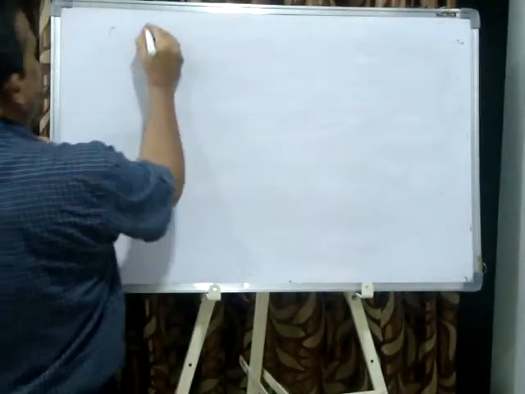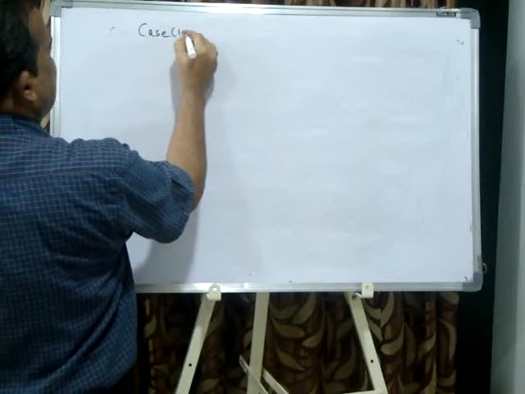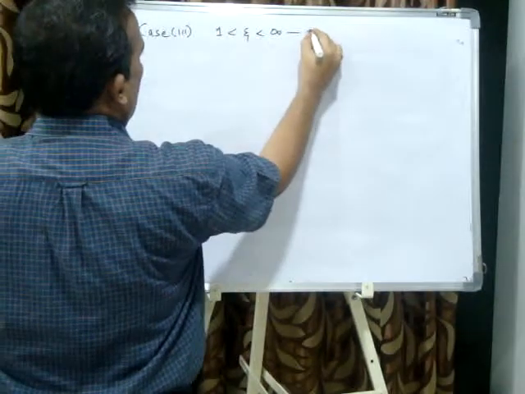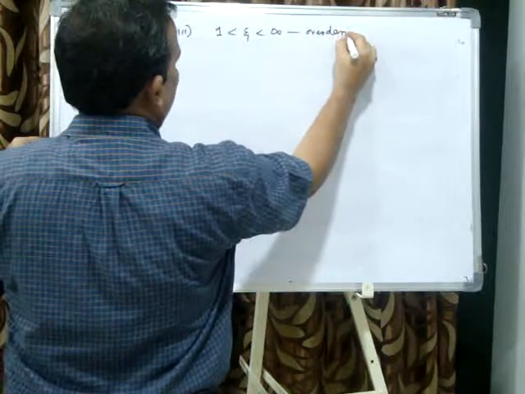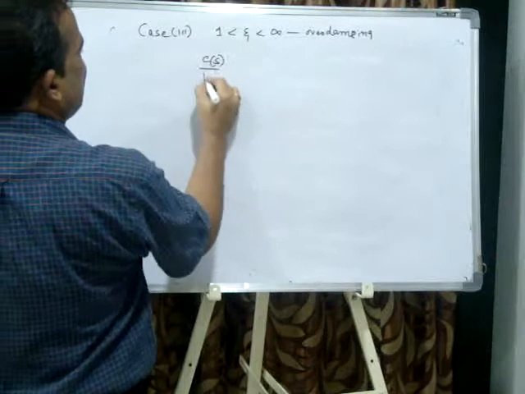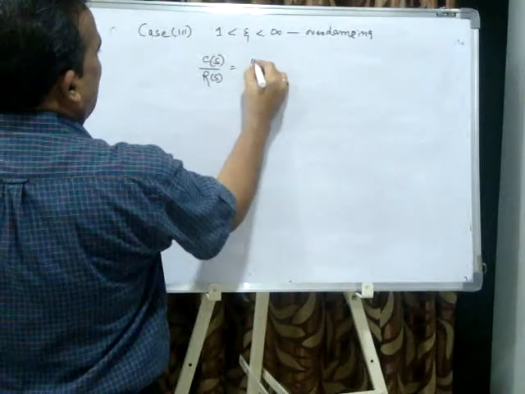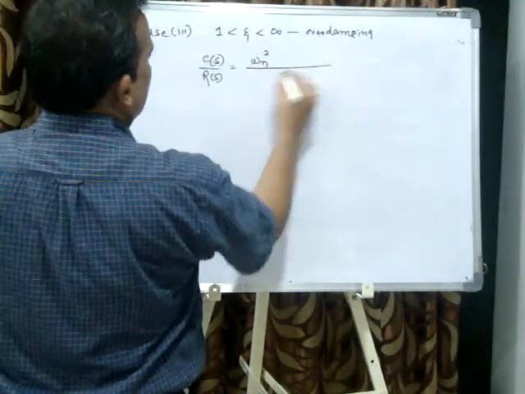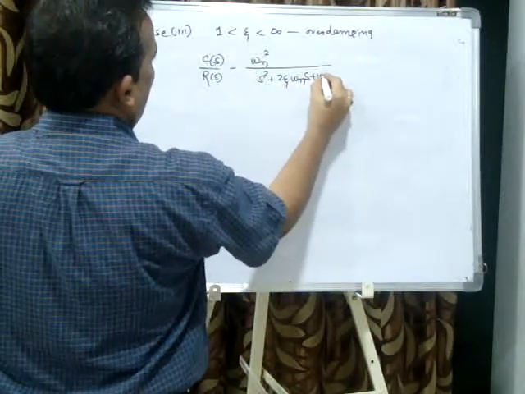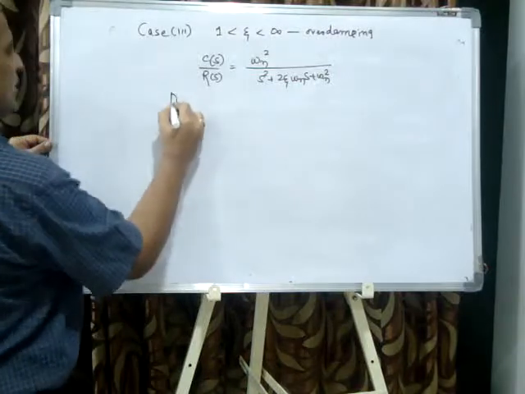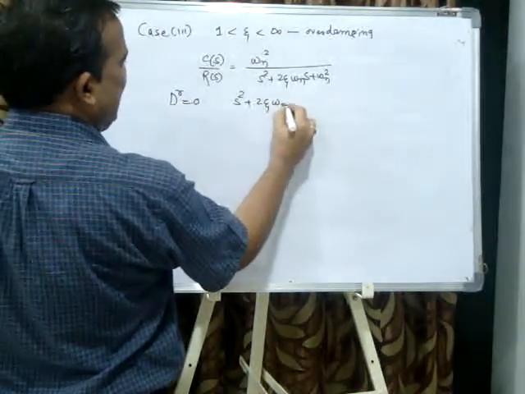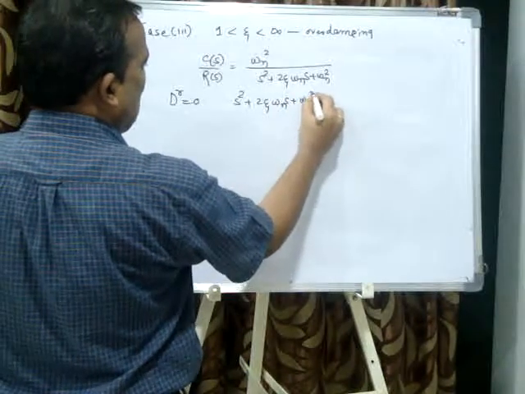In case number 3, zeta is greater than 1 and less than infinity. This is called overdamping. We know the standard form of transfer function of second order system. Denominator equal to 0, I'll get the poles. S square plus 2 zeta omega n s plus omega n square is equal to 0.